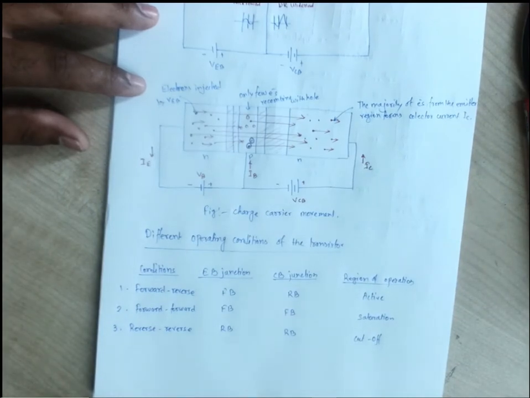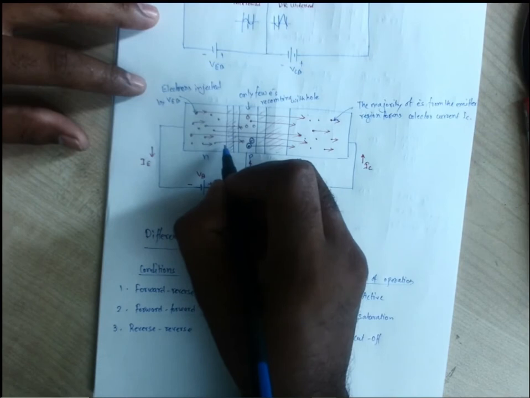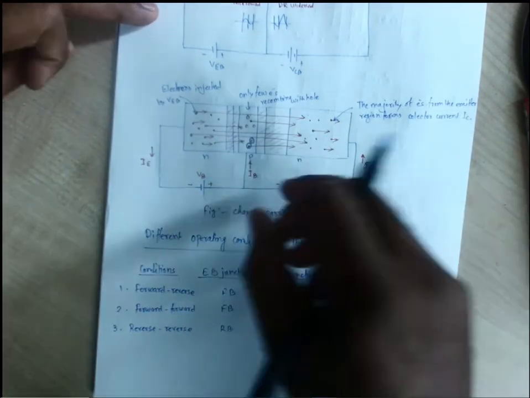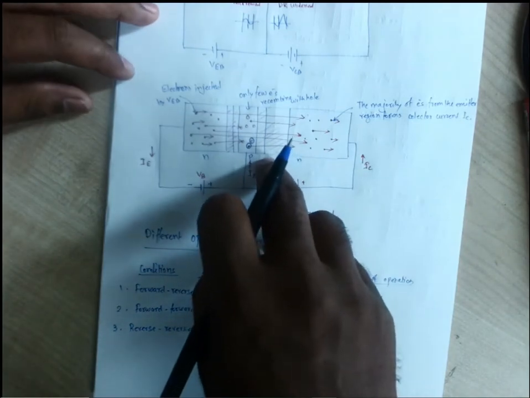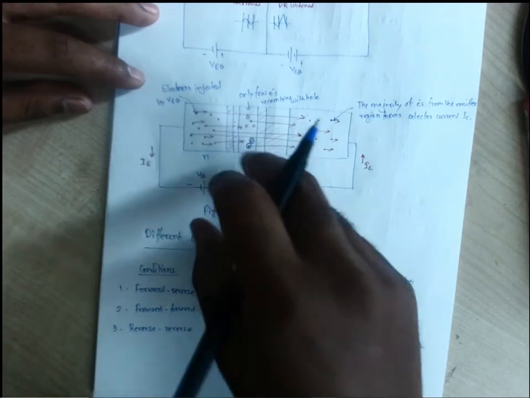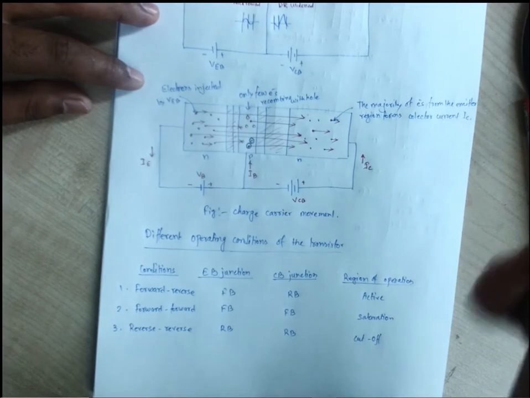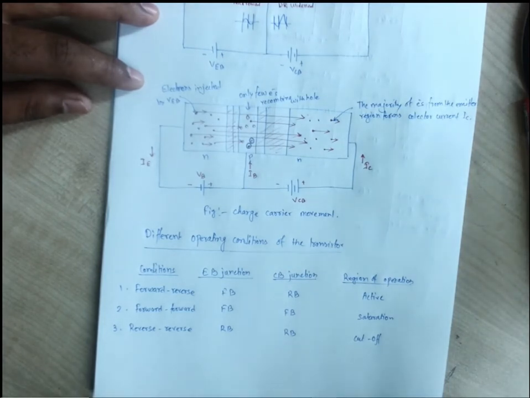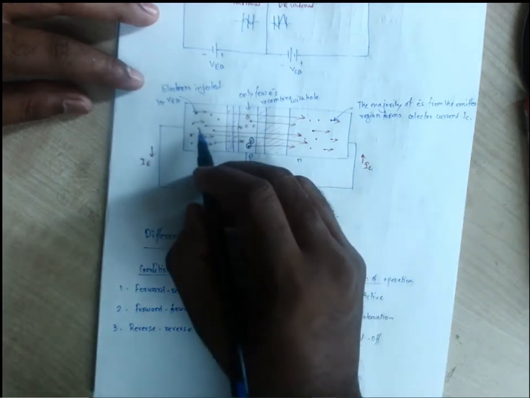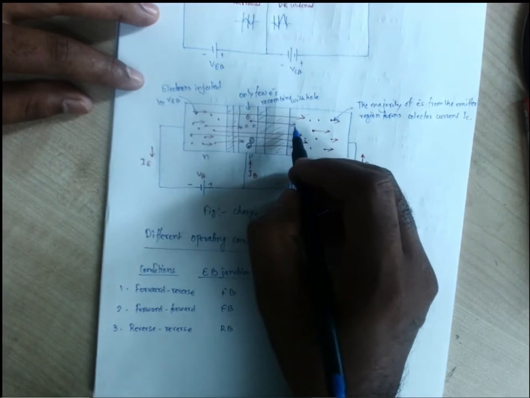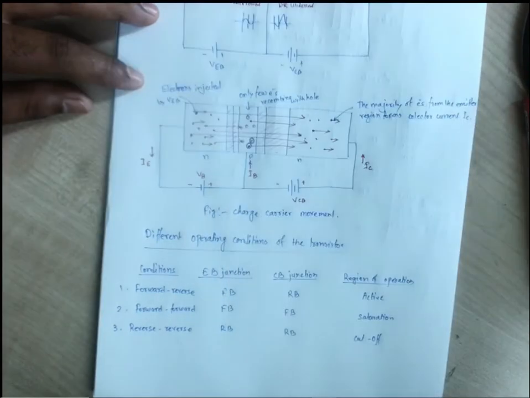So this input side has quite little obstruction for the charge carriers, but the output side, as it is given reverse bias, has the highest amount of obstruction for the charge carriers so that they should not move in the forward direction. But in another way, the charge carriers that have been injected find quite a fruitful situation to come out of the collector region.